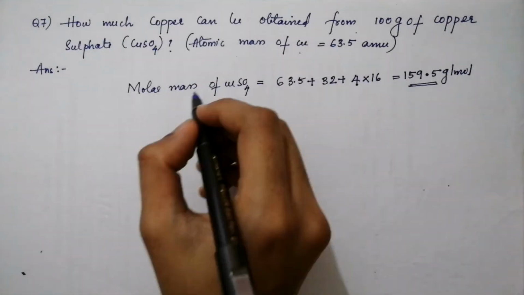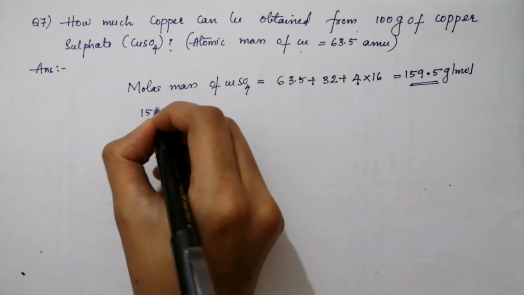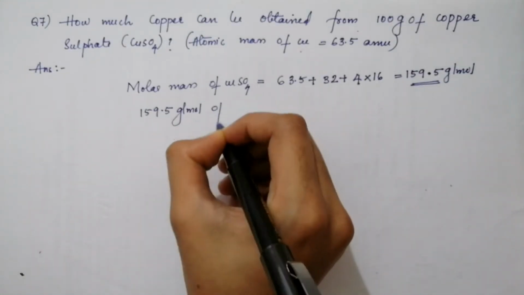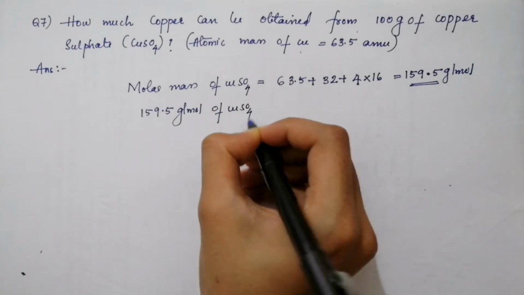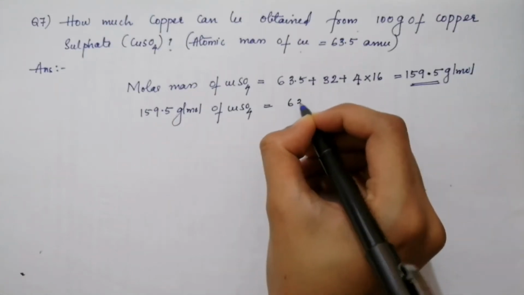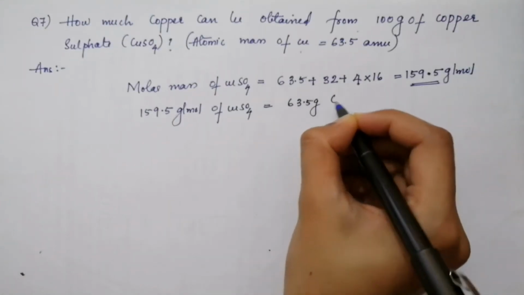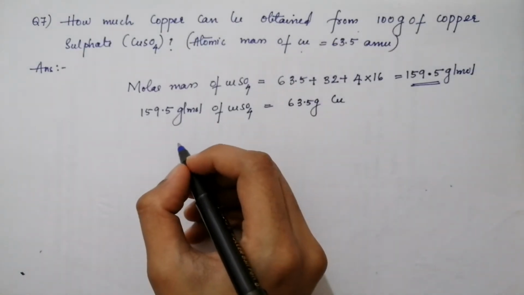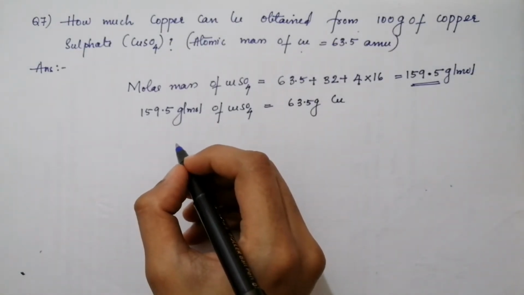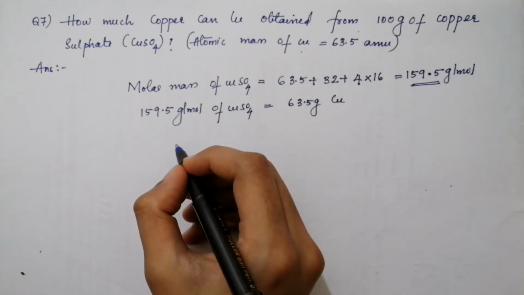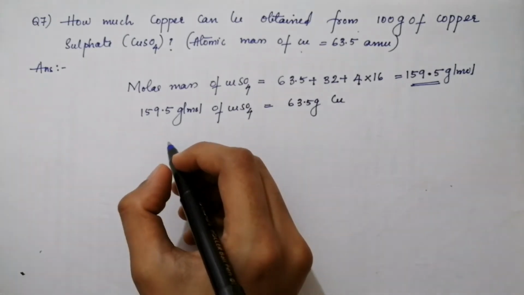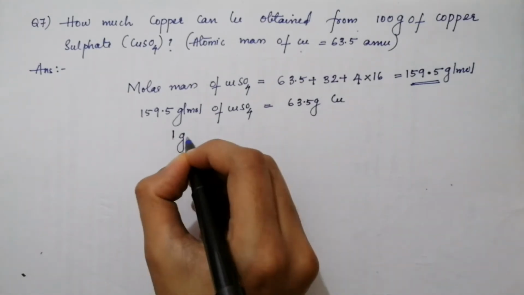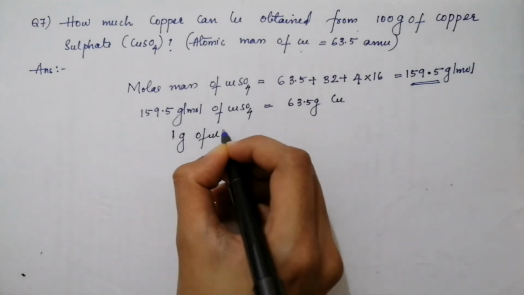We know that in 159.5 gram per mole of copper sulfate, we have 63.5 gram of copper, which is very evident. Now, we are asked to calculate how much copper will be there in 100 gram of copper sulfate. So first let us calculate in the case of 1 gram. What if we are having 1 gram of copper sulfate?